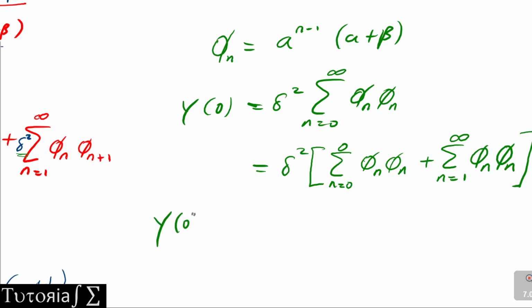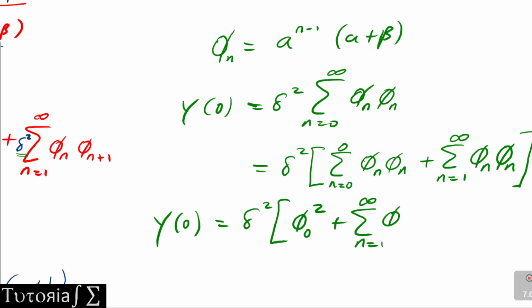So phi 0 will be equal to 1, then this will be phi 0 squared, plus the summation from n equals 1 to infinity of phi n squared.